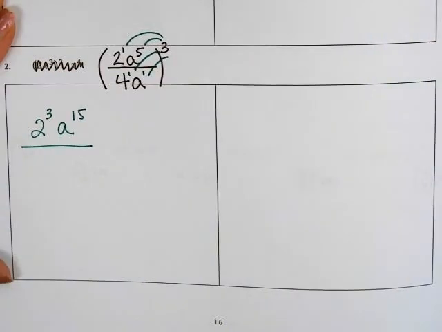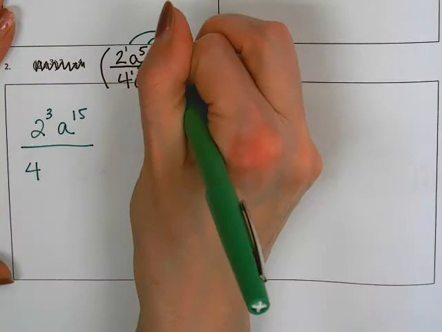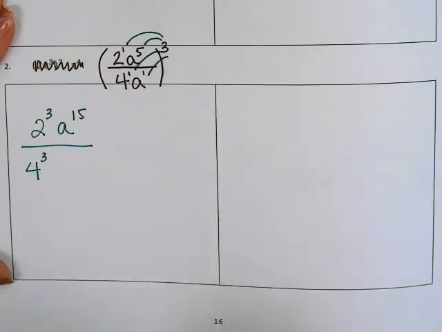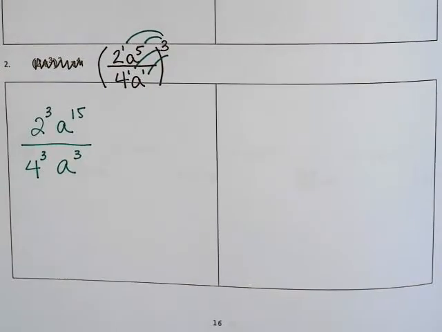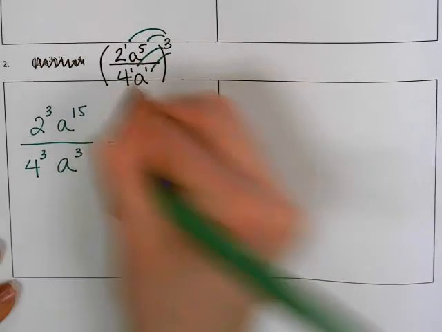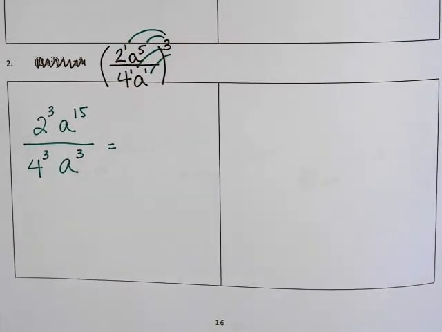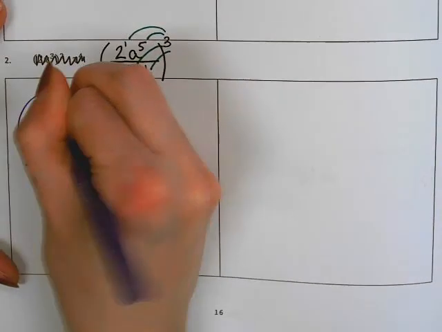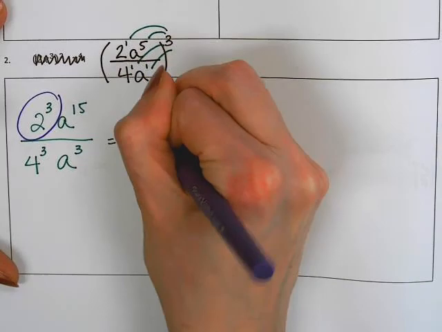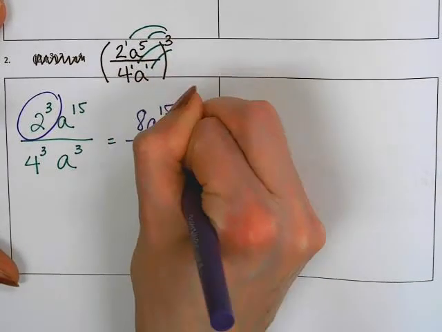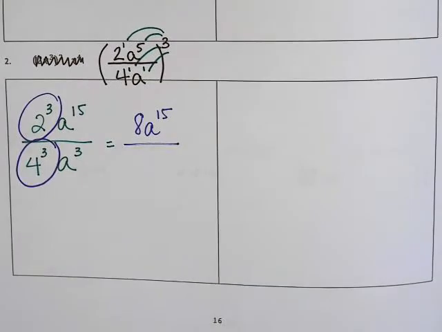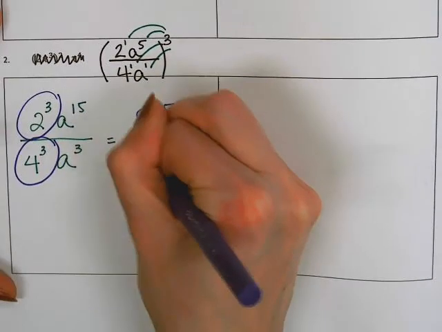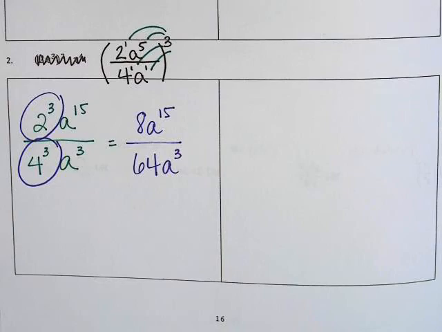And then on bottom, it would be 4 to the 3rd, and it would be a to the 3rd. And then to go from here, you would actually evaluate. 2 to the 3rd power is 8. So it'd be 8a to the 15th over 4 to the 3rd power, which is, I think, 64, a to the 3rd.